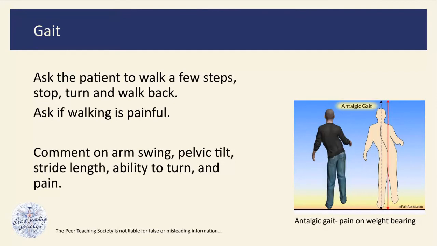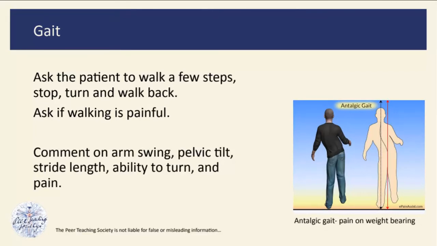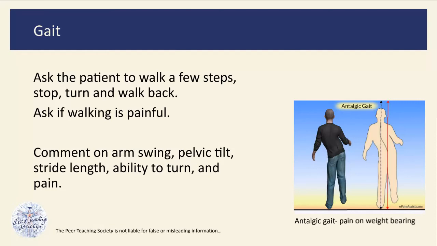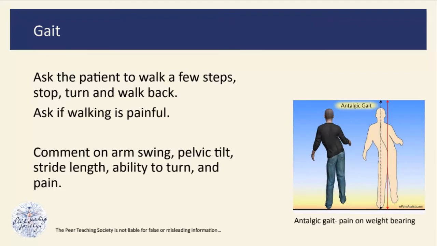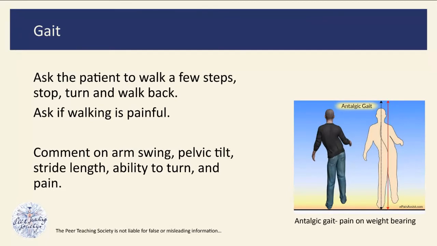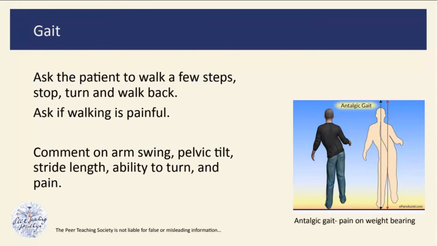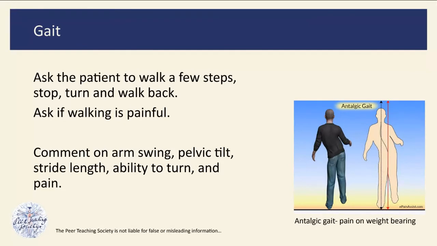As you can see in the diagram, what's being shown is an antalgic gait. Essentially it's a limp, and an antalgic gait is pain on weight bearing. And there are some other types of gait that I would recommend you familiarize yourself with. So the Trendelenburg gait, which I'm sure you will have heard of, is where you have a gluteal nerve palsy, and a Parkinsonian shuffling gait.